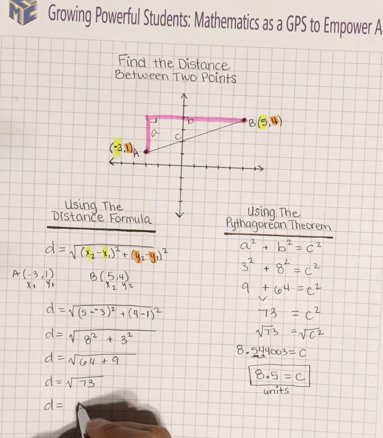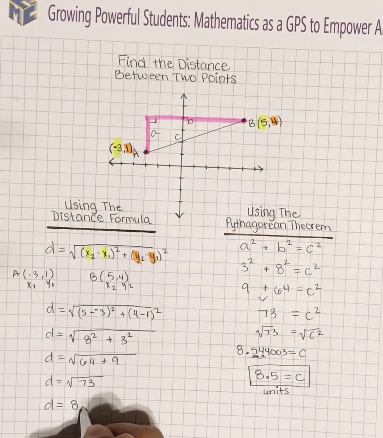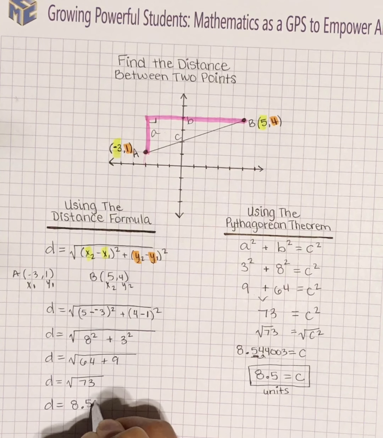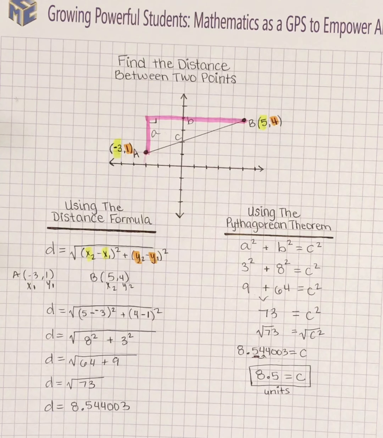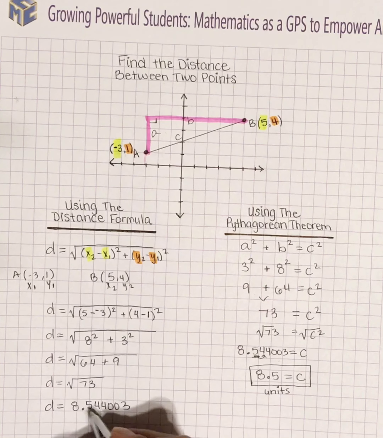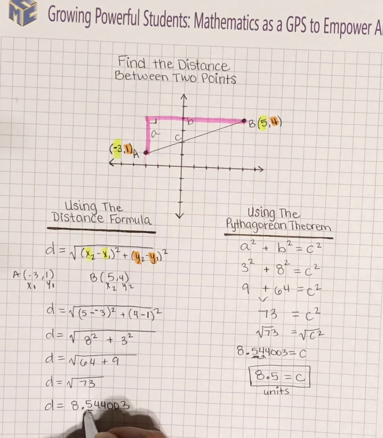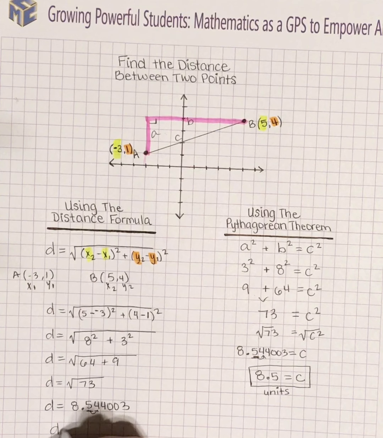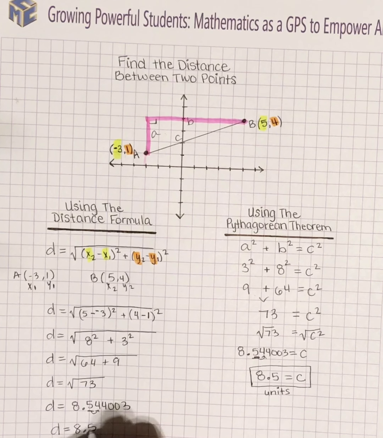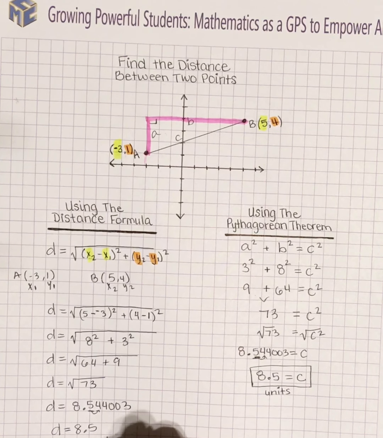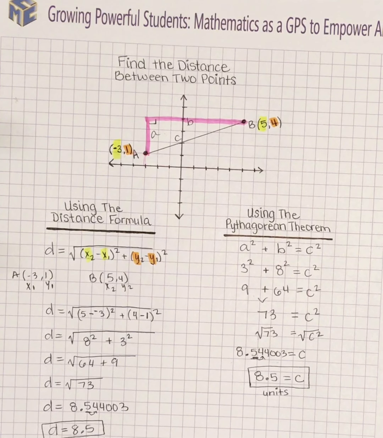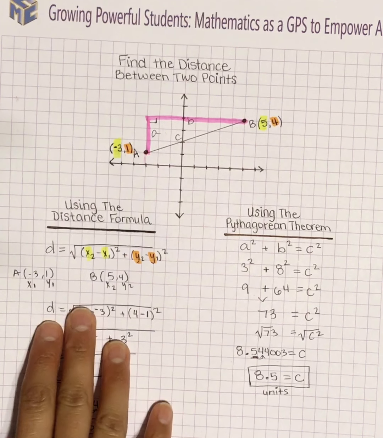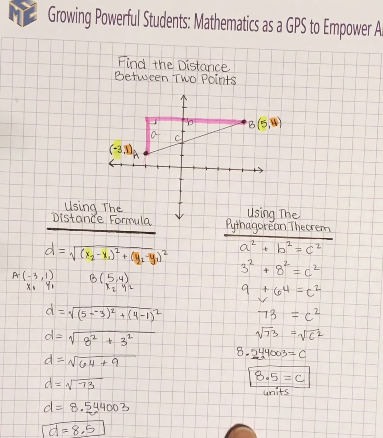You get 8.5440003. Again, round it to the nearest 10th or to the nearest 100th place. Same thing. So as long as you don't get your x's and y's mixed up, you can use the distance formula or you can use the Pythagorean Theorem. You will get the exact same thing.